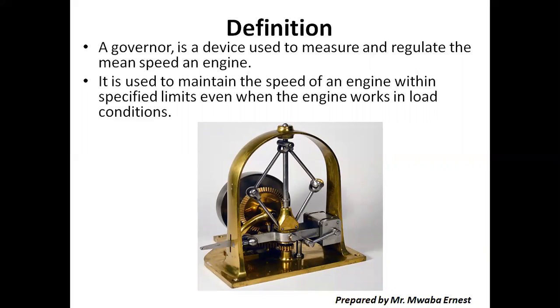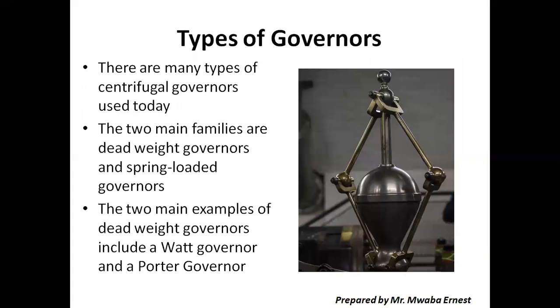Now, are there some types? We may have quite a number, but the two broad families that have been used so far in the past, we have these centrifugal governors that use a deadweight and others that use a spring or they're spring loaded.